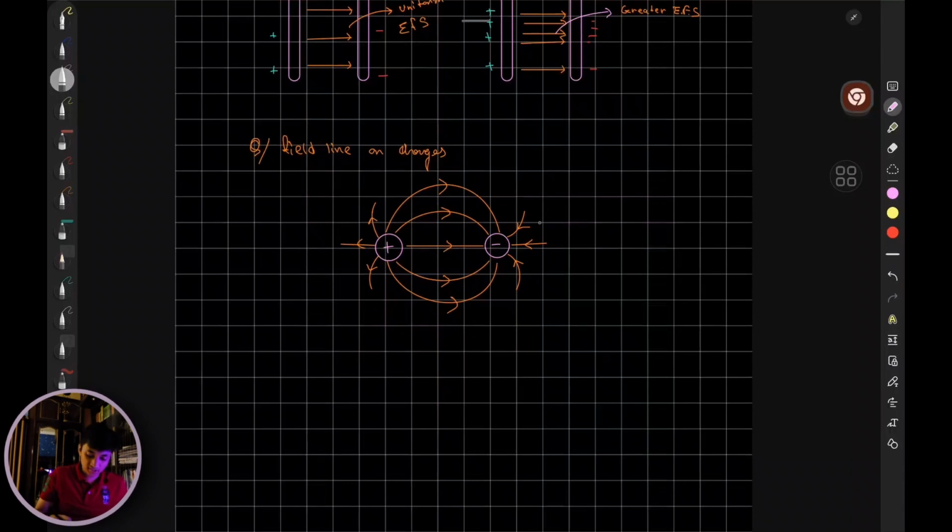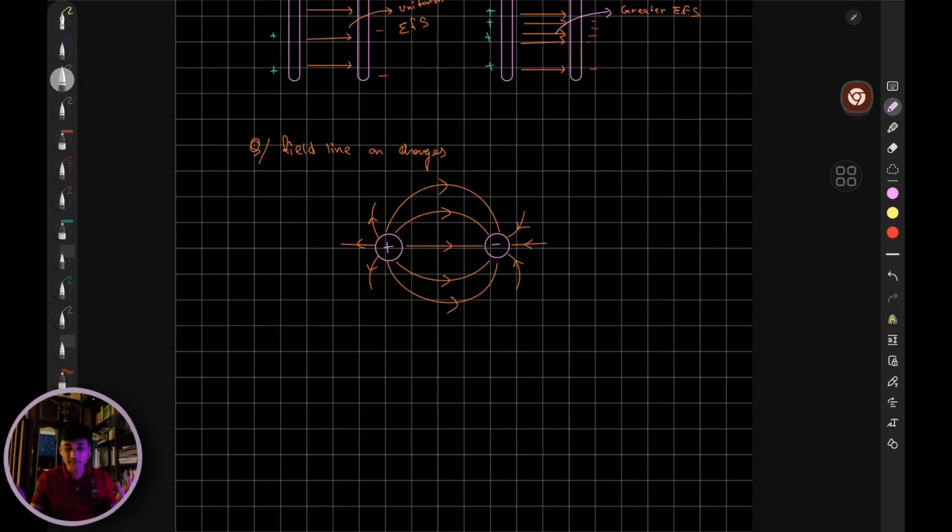Out of the positive charge, enter the negative charge. Don't just leave it at this. You need to show a few field lines escaping or entering the charges, and don't complete the cycle and fill the entire circumference of the sphere, right?